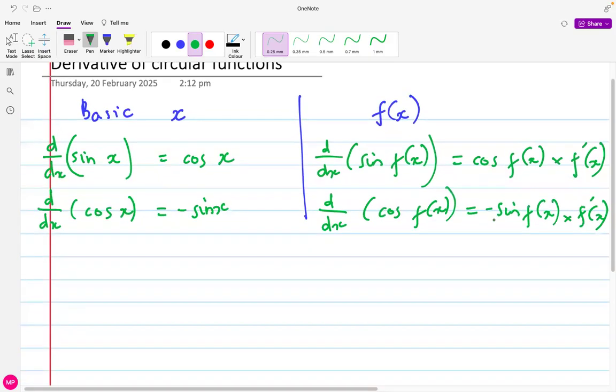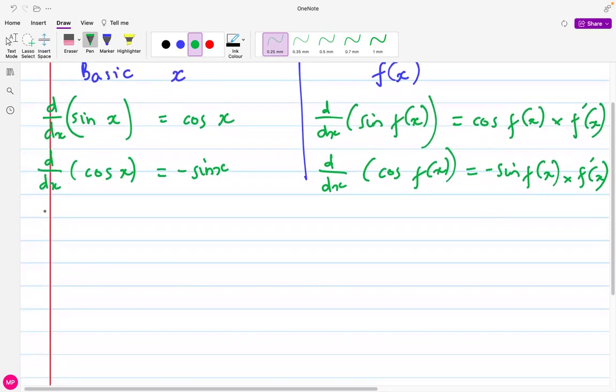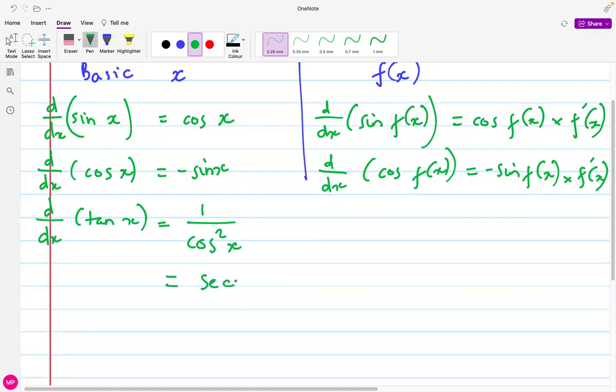And finally, for tan, the derivative of tan of x will give you 1 over cos square of x. And 1 over cos square, you can write as sec square of x, since 1 over cos is sec.